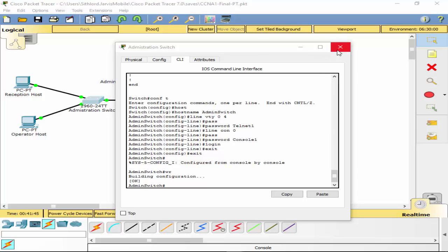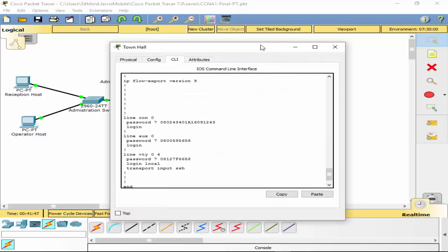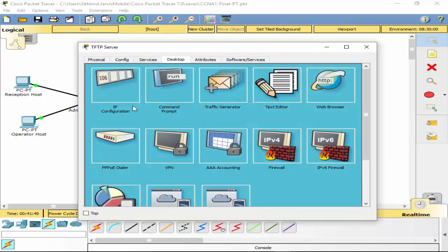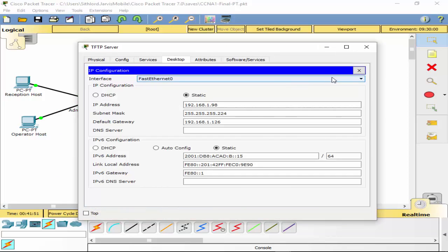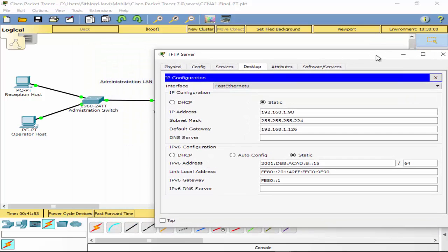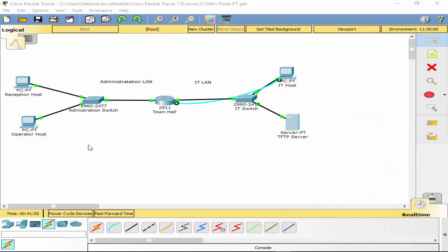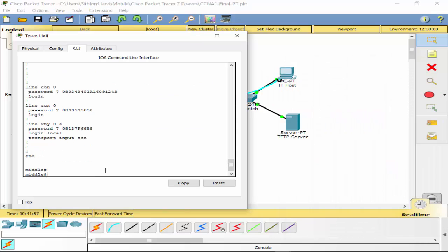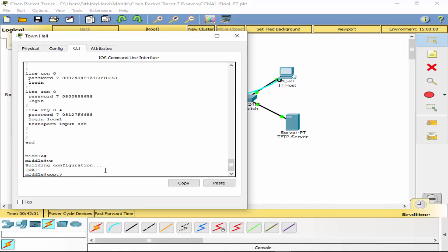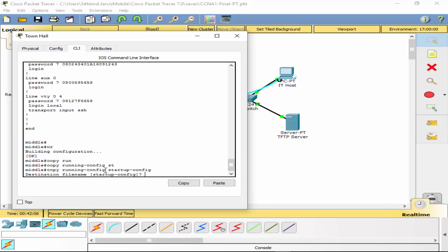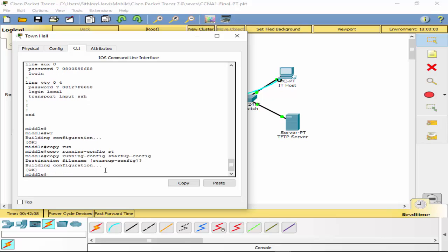Okay, so that's our next command. We're going back to our town hall router. We're going to look and see what we have here. Our server has an IP address of 192.168.1.98. So remember to save this, we either say wr or copy running-config startup-config. That's how we save our devices here.